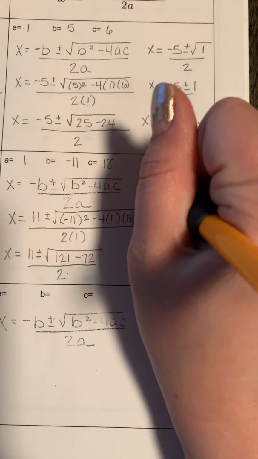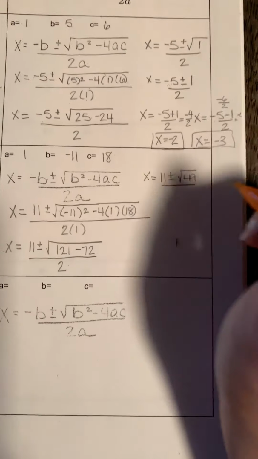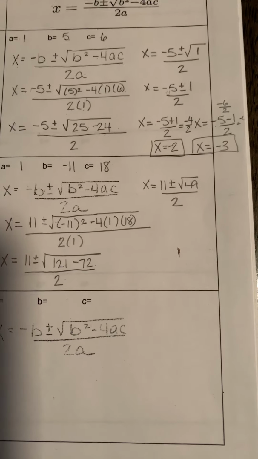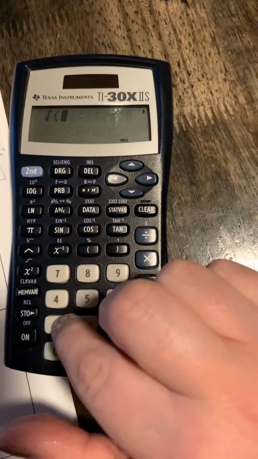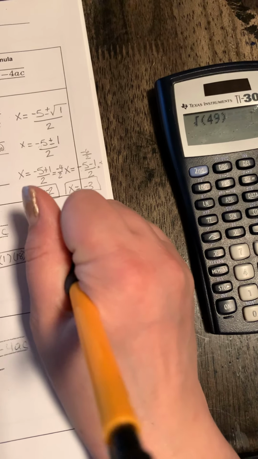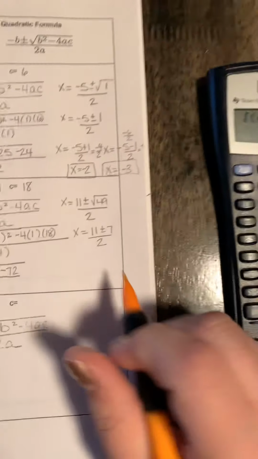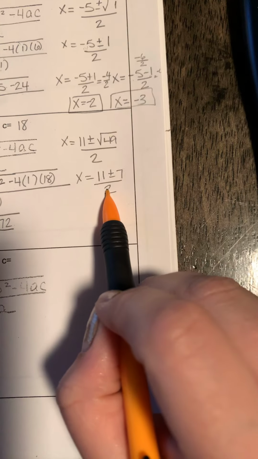So x is equal to 11 plus or minus square root of 49 all over 2. Square root of 49 is 7, but again, to put it in your calculator, second button, x squared button, 49, 7. So x is equal to 11 plus or minus 7 all over 2. So our two equations, 11 plus 7 divided by 2.